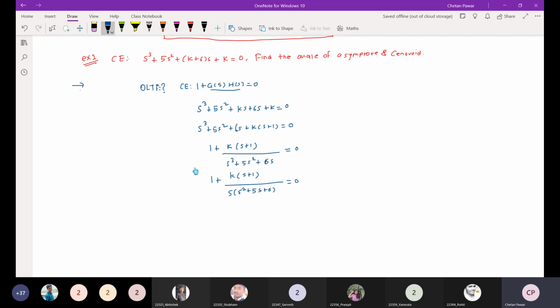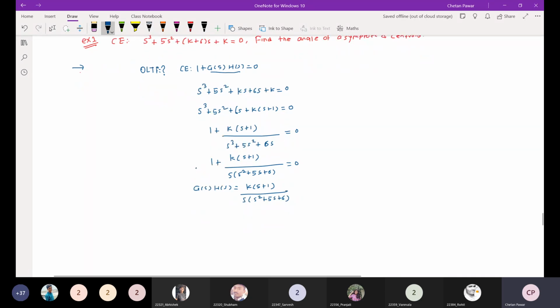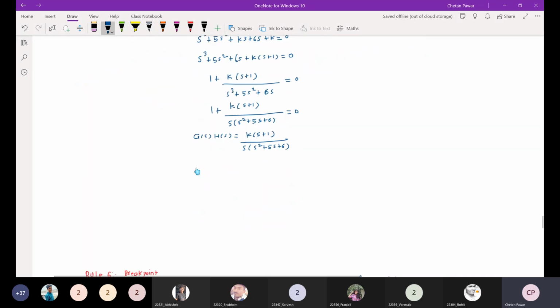So here we get G(s)H(s). Now if you see this, there are 3 poles and 1 zero. So the number of poles is equal to 3 and the number of zeros is equal to 1.